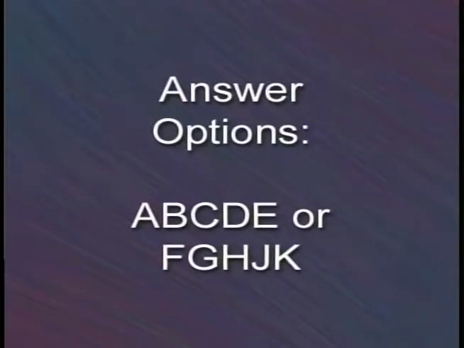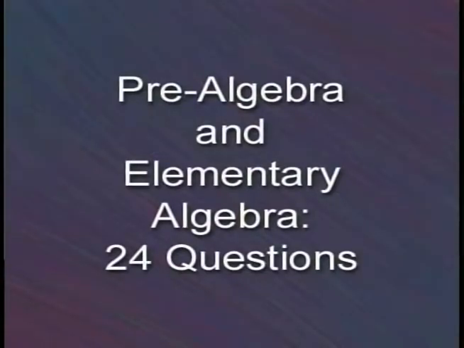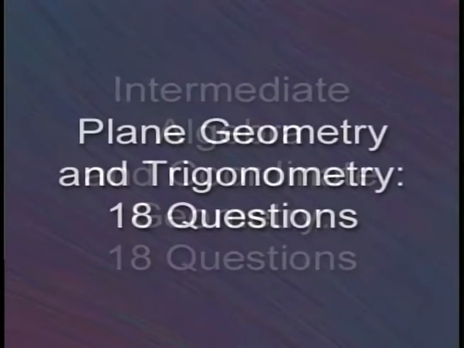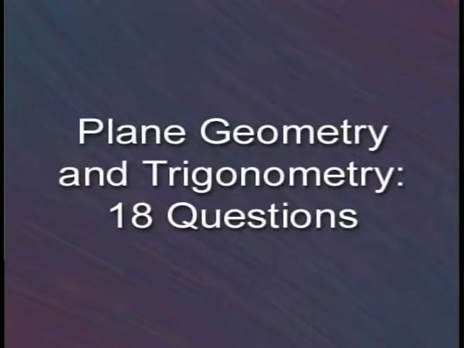The answer options are marked as either A, B, C, D, E, or F, G, H, J, K. The 60 questions test mathematical knowledge in 3 major categories: pre-algebra and elementary algebra with 24 questions, intermediate algebra and coordinate geometry with 18 questions, and plane geometry and trigonometry with 18 questions.